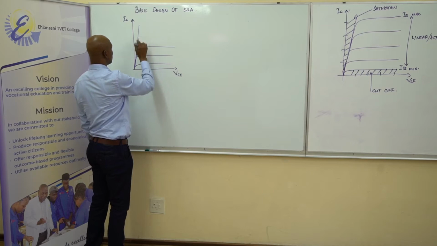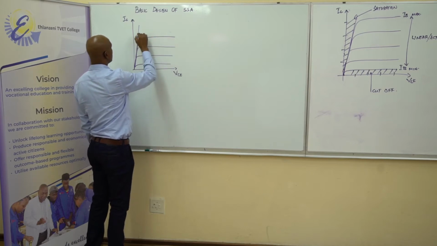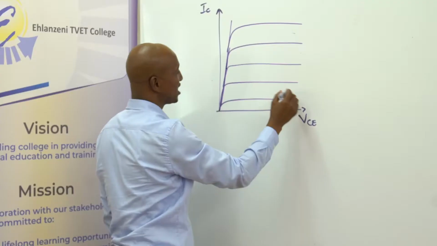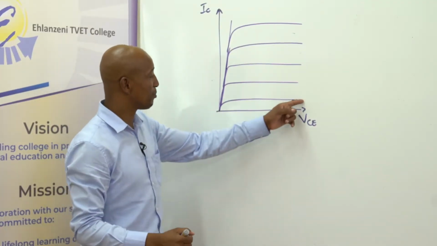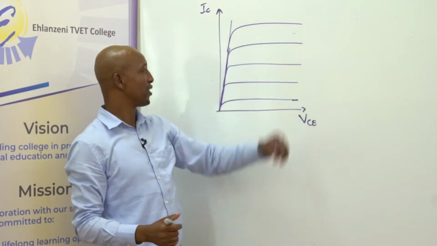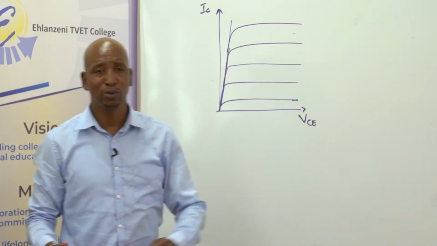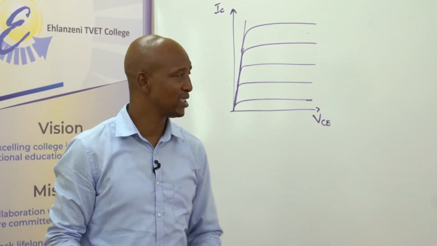This is our active region, where we can manipulate and vary IB such that it is above cutoff, but below saturation. This is typically an output characteristic of a transistor.